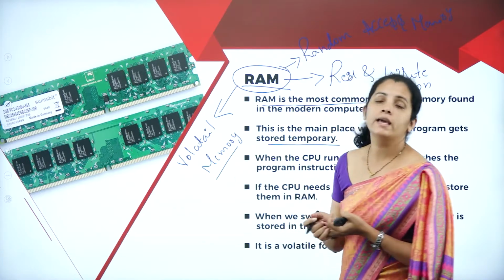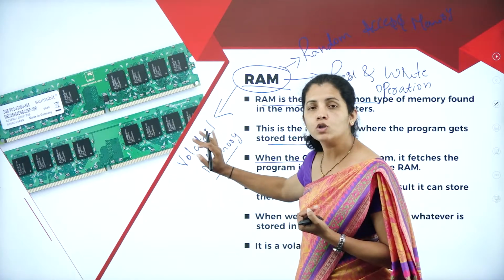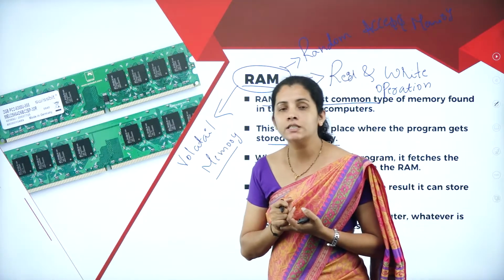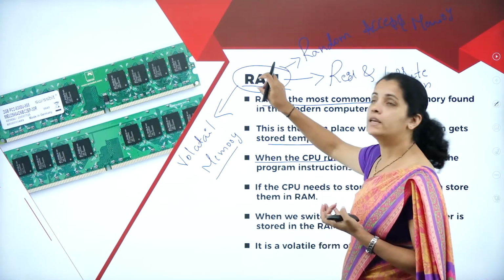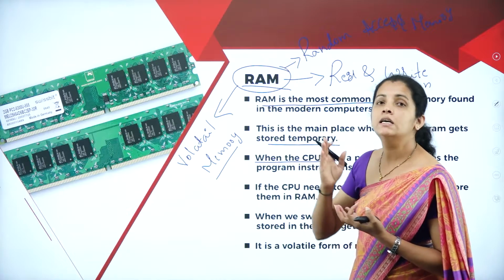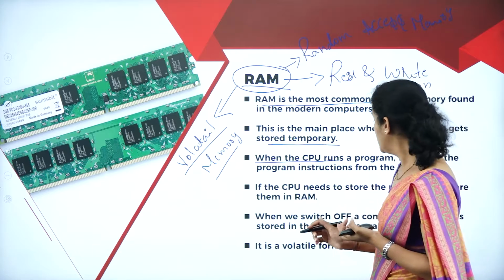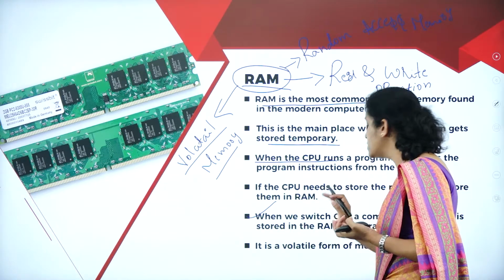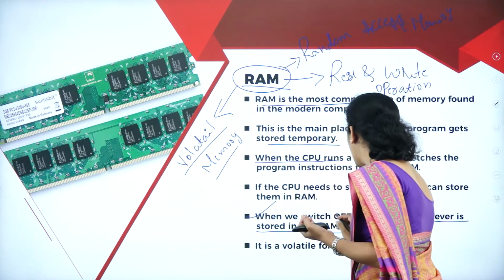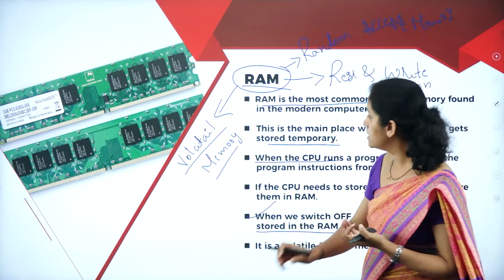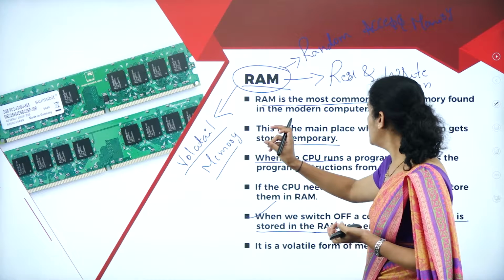Now tell me why random access memory is called volatile memory. Because when the computer is turned off or switched off, the content stored in the random access memory gets erased. For that reason, it is called volatile memory. That means when we switch off a computer, whatever is stored in the RAM gets erased.